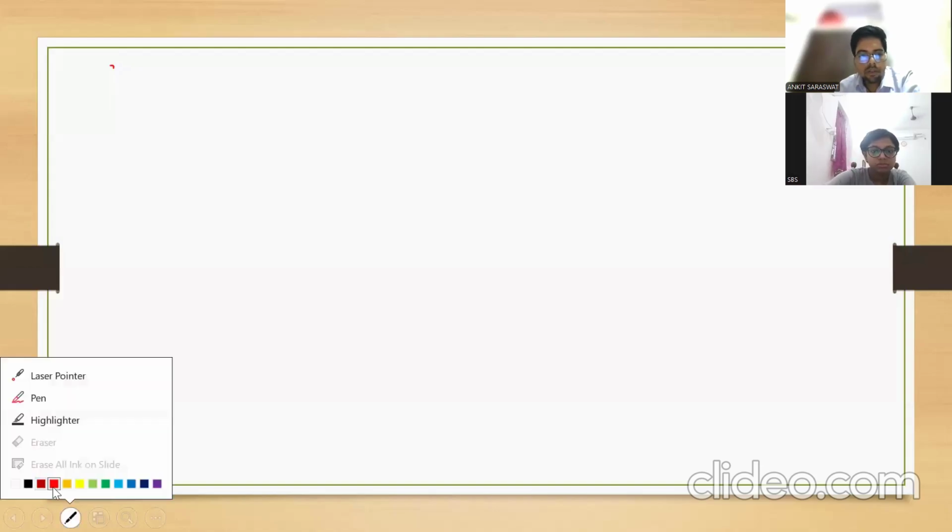So till now we have discussed the introduction of vector and a lot of things we have learned. Now starting components of vector, or splitting of vector.